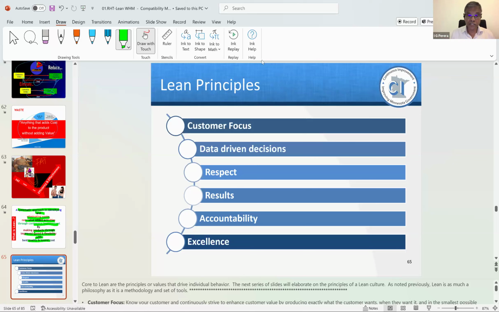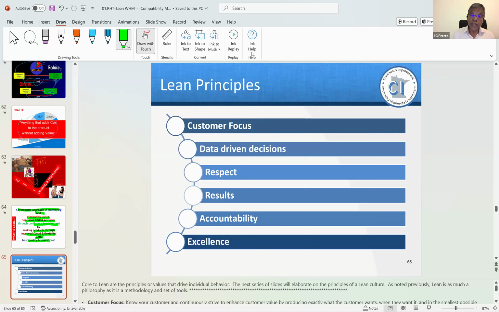Because your boss is your customer. Or your customers, when you are supplying goods, if you are manufacturing and supplying, what time, what is the quality? Anyway, it is given, but what extra? How much extra? Quality or timing or delivery or whatever it is, if you can do that, that is customer focus.